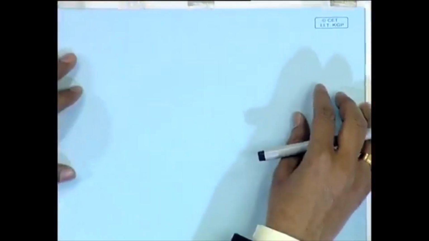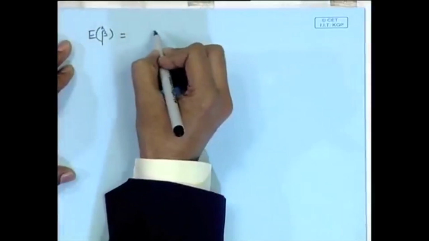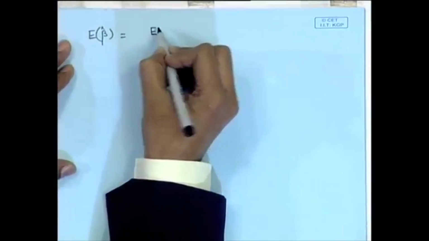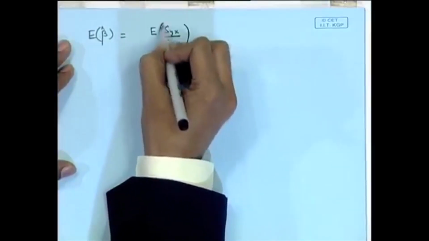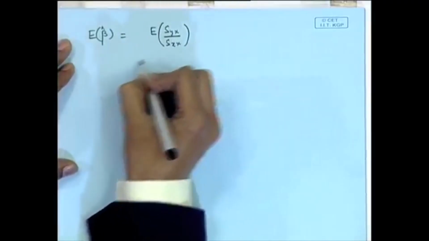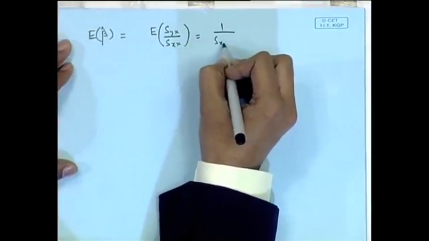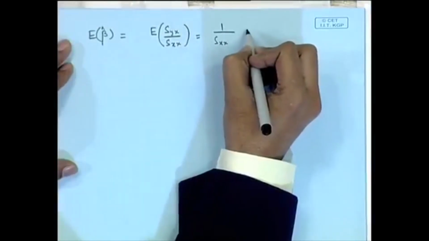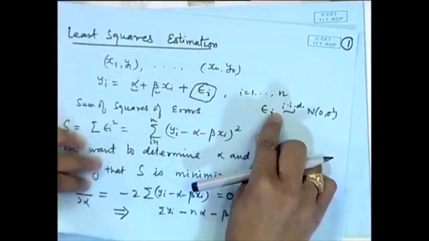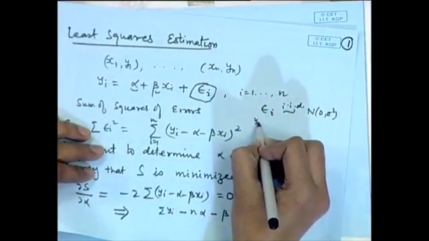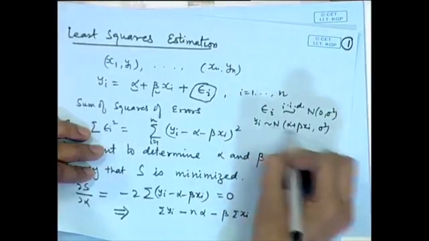expectation of beta hat, so that will be expectation of S y x by S x x, that is equal to, now in this model S x x I can keep out, and when we are assuming here that epsilon i's are normal 0 sigma square, then y i follows normal alpha plus beta x i and sigma square.